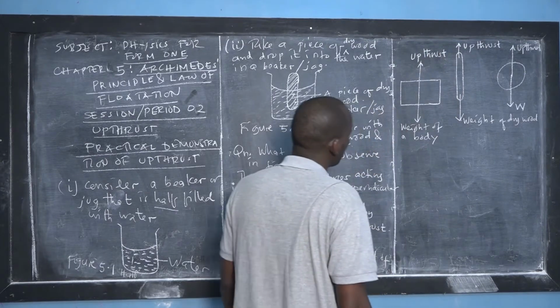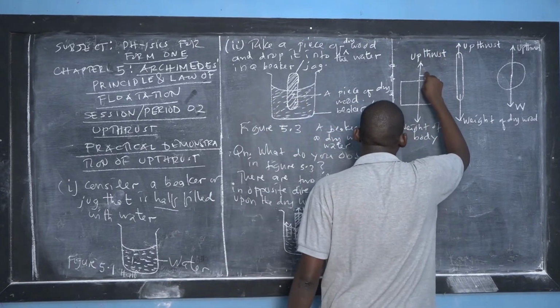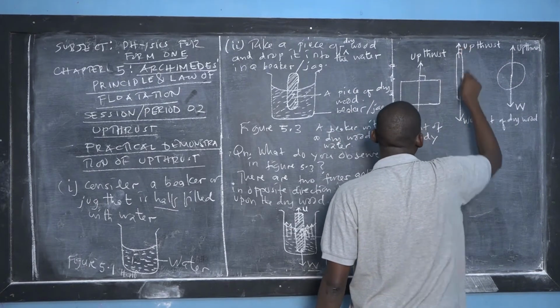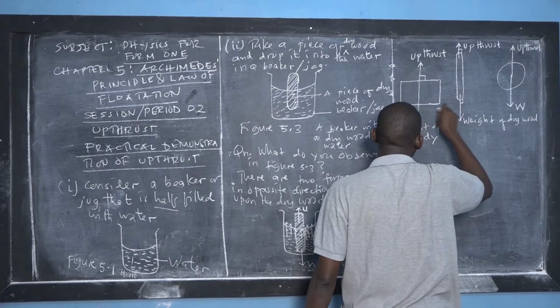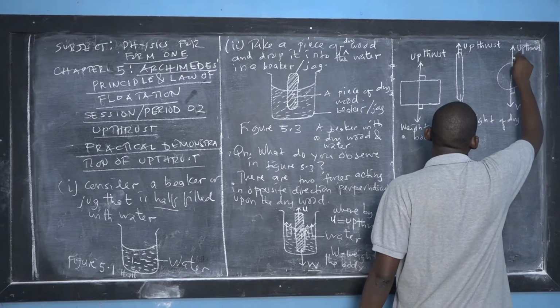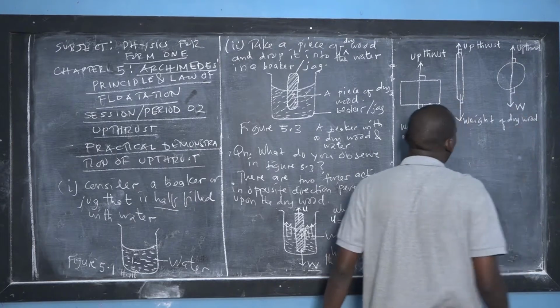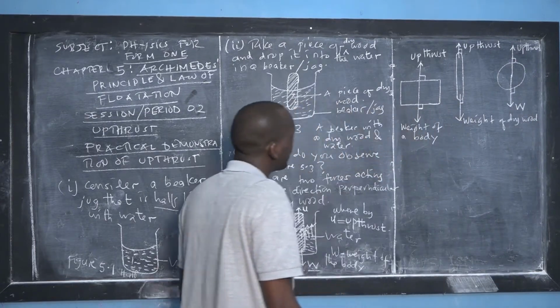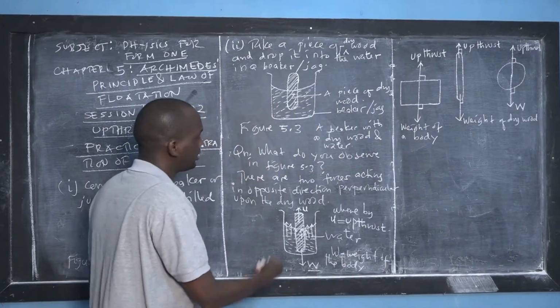Remember that all these forces are perpendicular to the surface of the body. Both forces are perpendicular to the surface of the body. None of the forces is parallel or diagonal. Okay, so these are the different shapes.